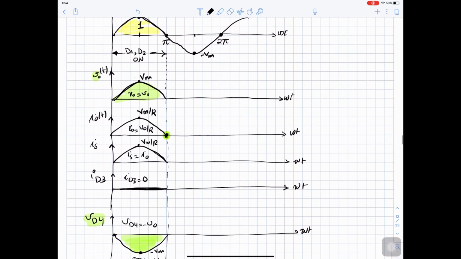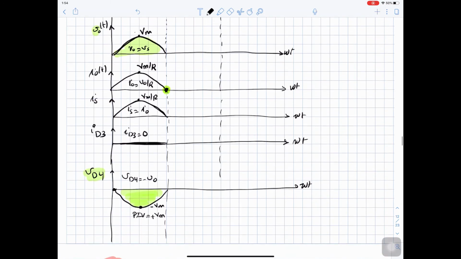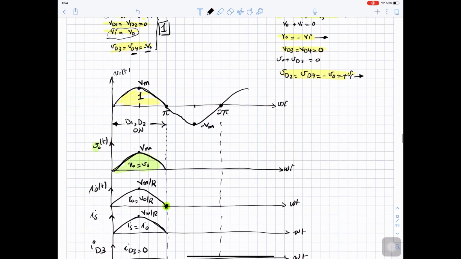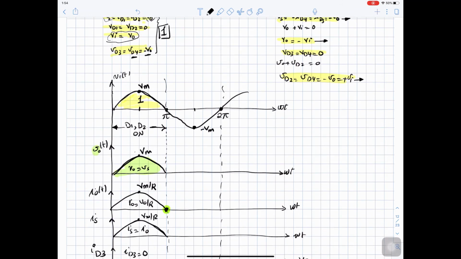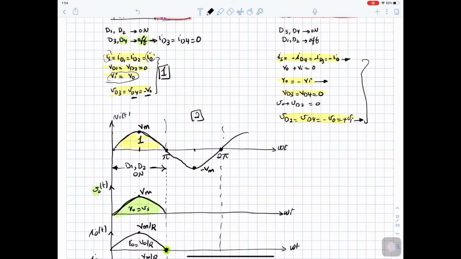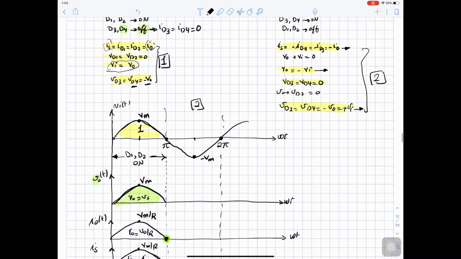Now we will go to the second period, or the second time. So we will apply here equations 2, and here are the set of equations 2. So during this time, V out equal negative Vn.